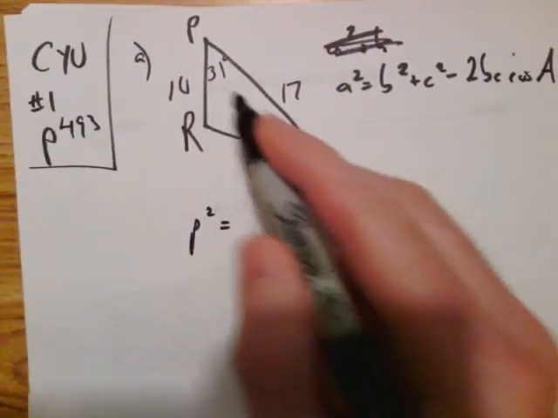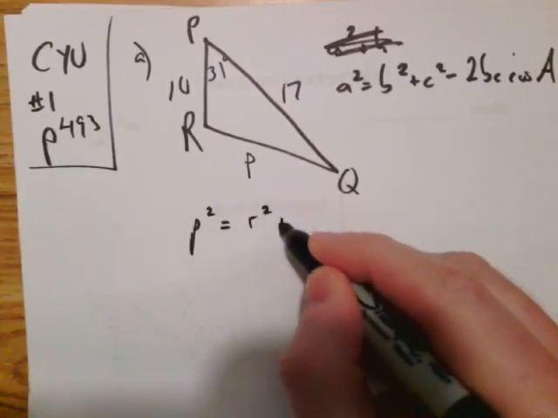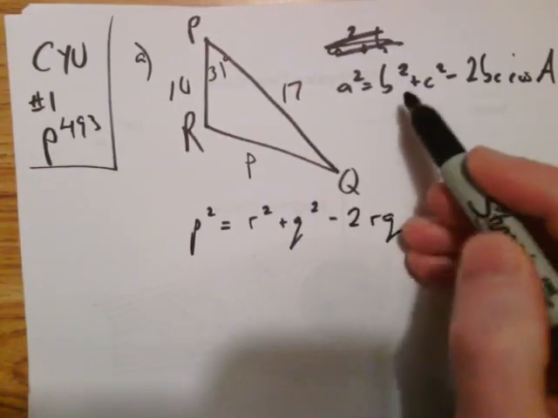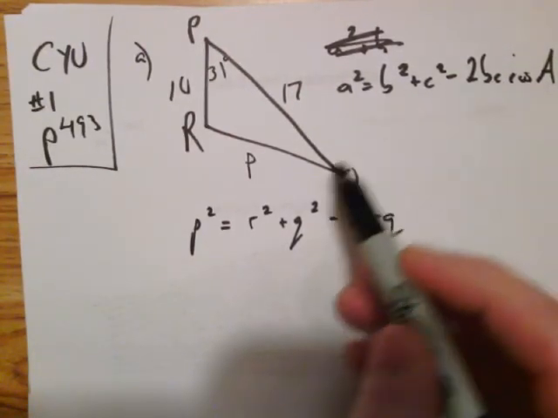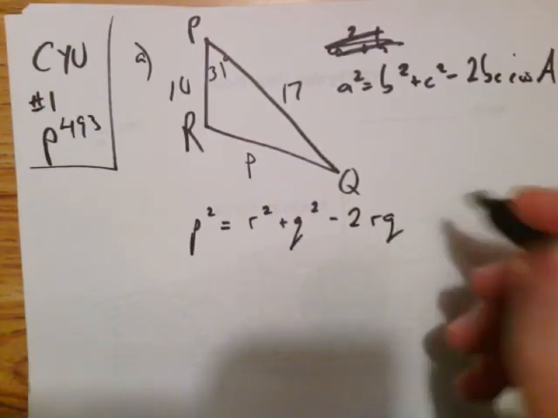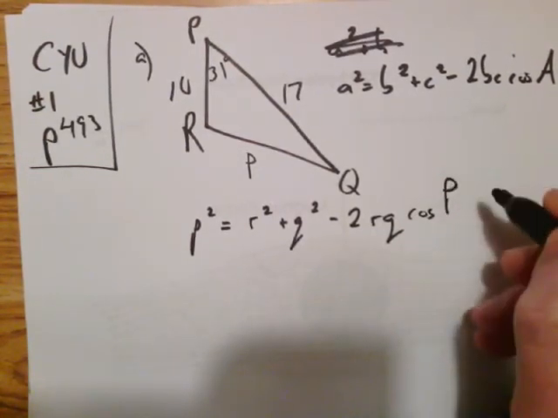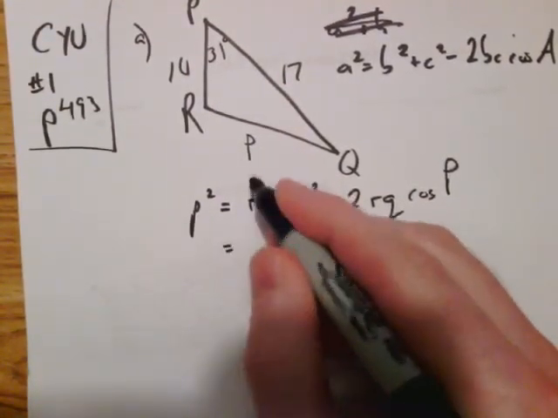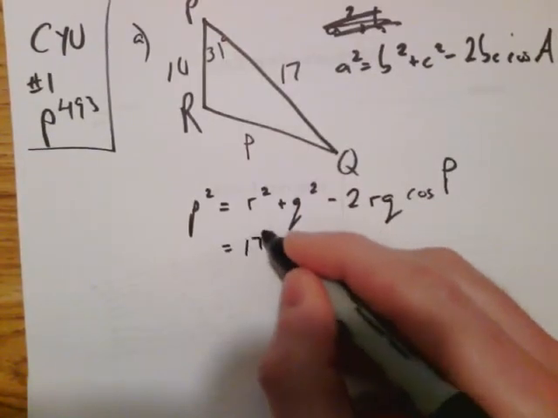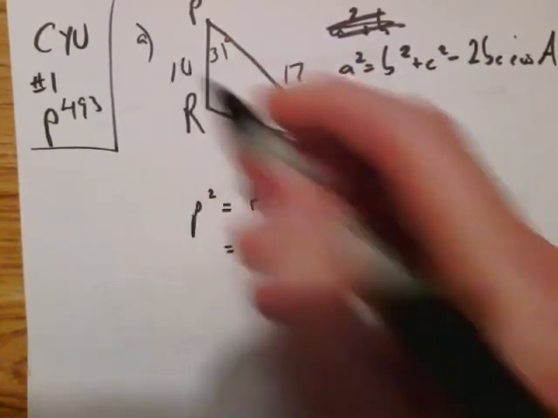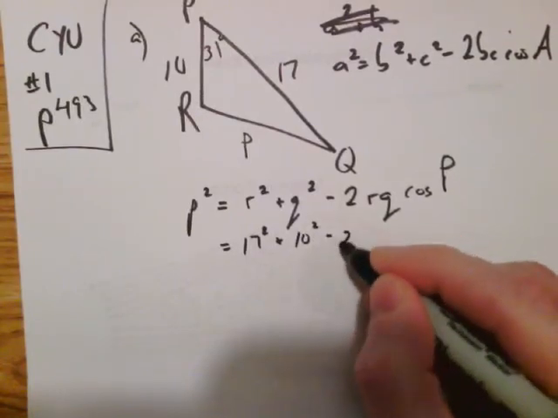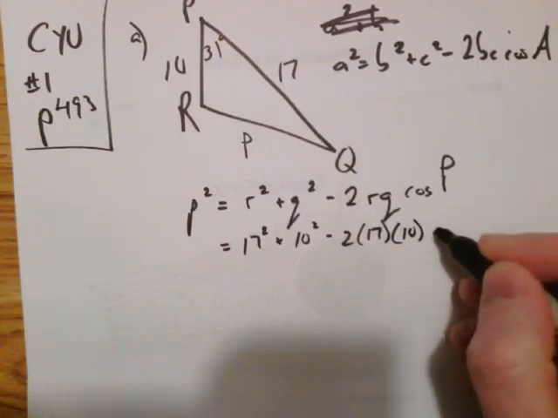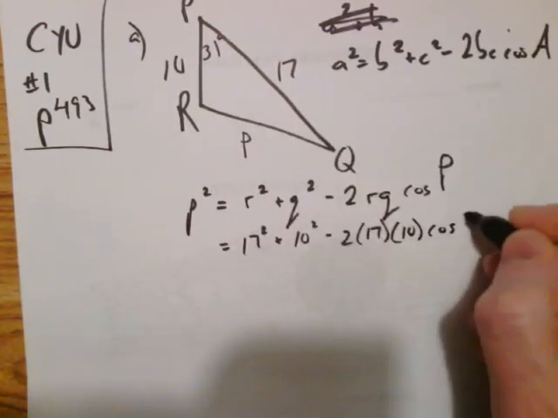P squared equals r squared plus q squared minus 2rq cos of P, the angle P. Now I'm just going to put in the numbers, the things that I know. We don't know what little p is. R is 17 squared plus Q is 10 squared minus 2 times 17 times 10 times the cos of 31 degrees.